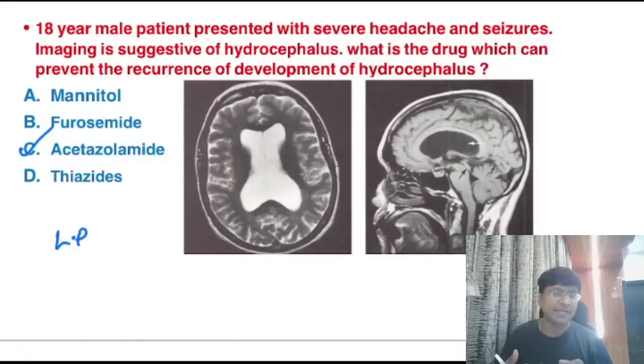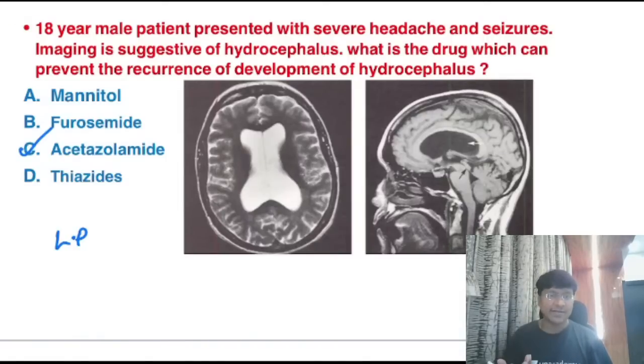Now, what is that precipitating medication that can cause hydrocephalus, mainly in that particular age group, 18 years? Inhalation of heroin can cause the development of hydrocephalus. And the other poisoning is methadone poisoning. Inhalation of heroin and methadone poisoning can precipitate the formation of hydrocephalus.